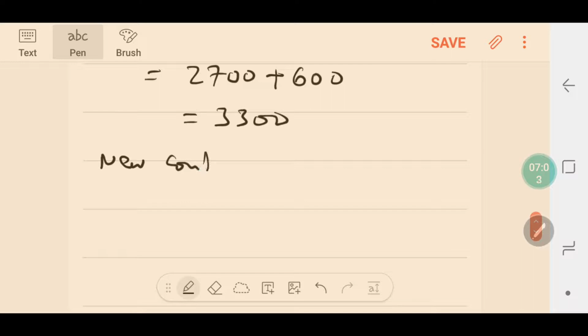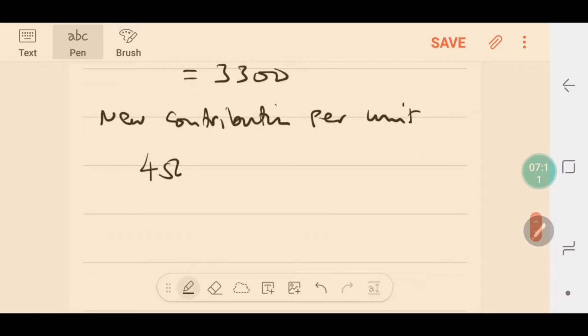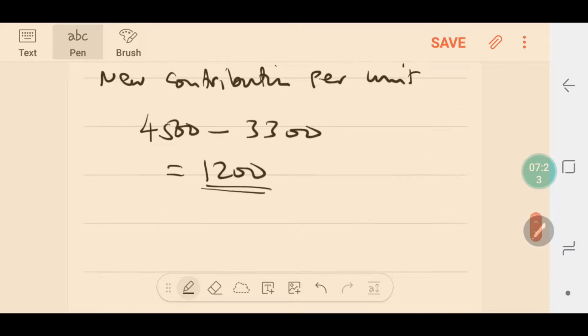So new contribution per unit will be 4,500 minus 3,300, which will be equal to 1,200. So this is our new contribution.